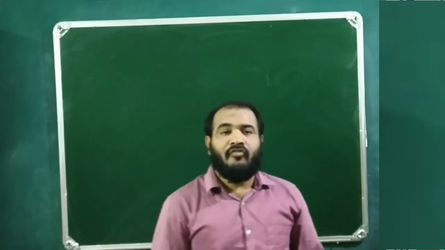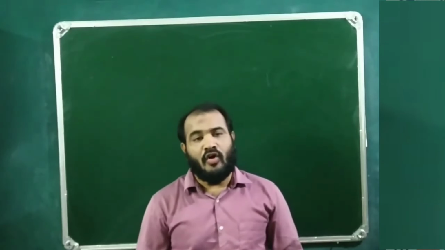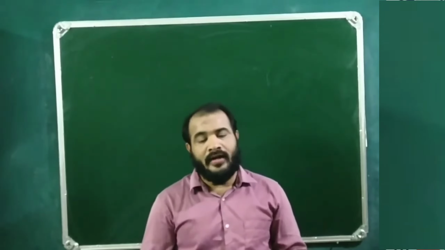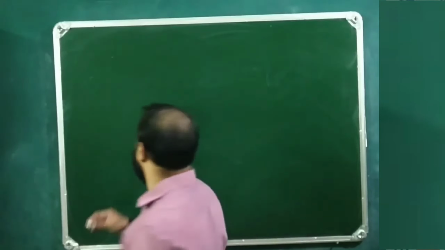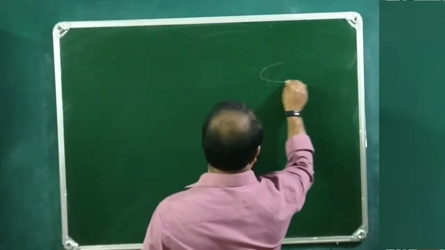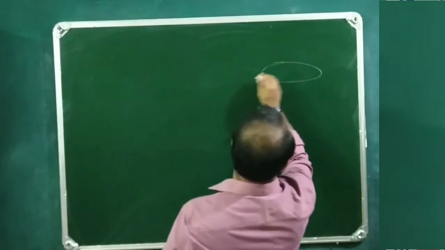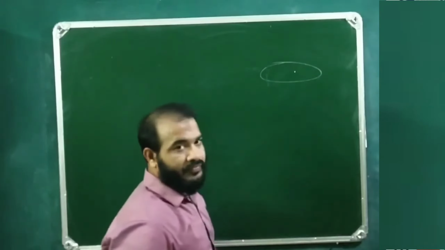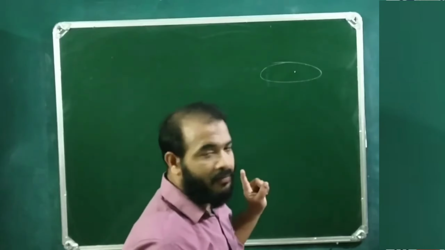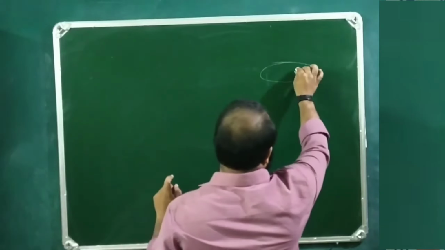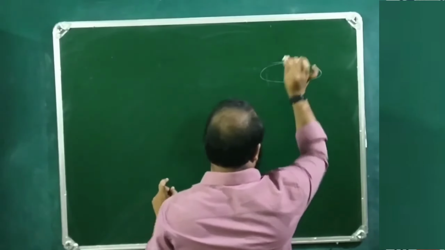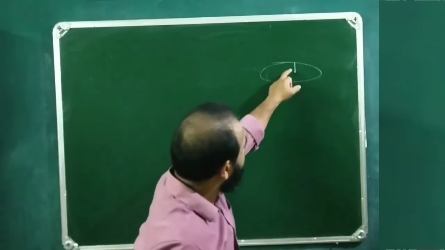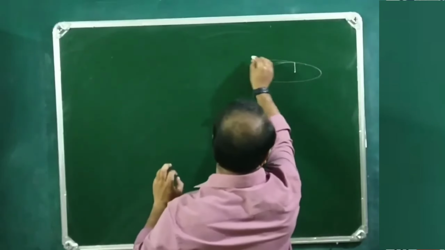At most 4 tangents can be drawn from a point to the ellipse. So this is the ellipse. If this is the given point, then this is the normal. If this is a normal, this is the tangent.